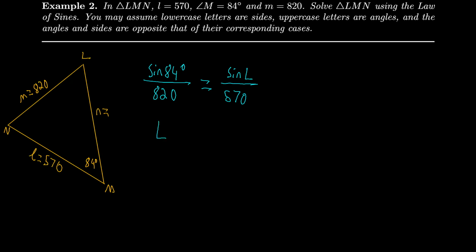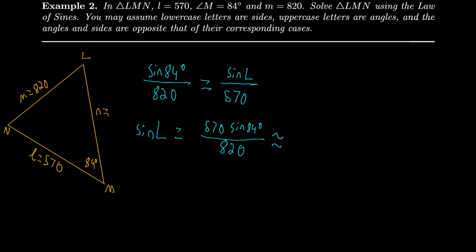So let's solve for big L. I'm going to multiply both sides by 570. So you're going to get 570 times the sine of 84 degrees over 820. But not just big L, the sine of big L. Keep that in mind. The sine of big L equals all that garbage.